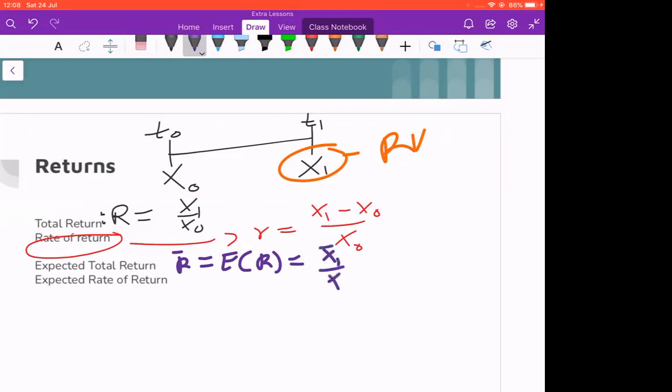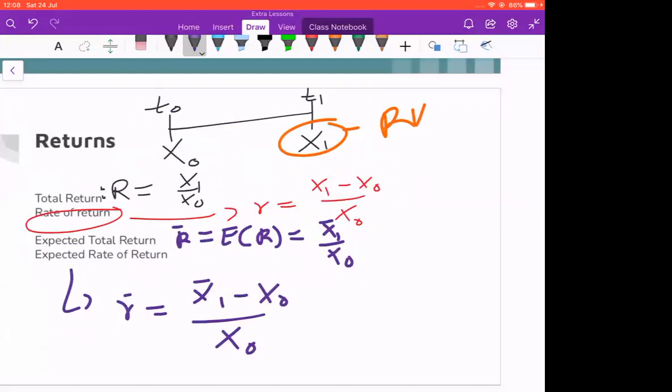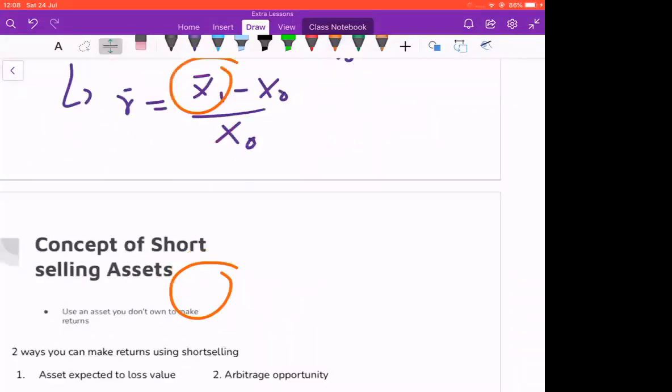For the rate of return you do the same, and you have X1 bar minus X0 over X0. Since this is expected, we will have to measure some kind of variation in this asset.